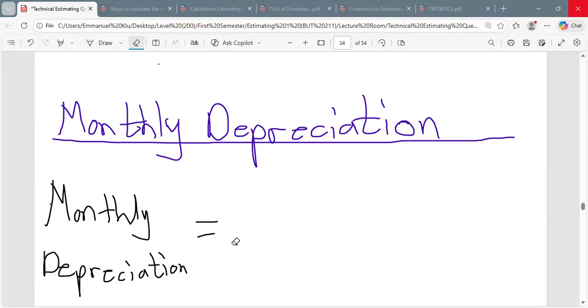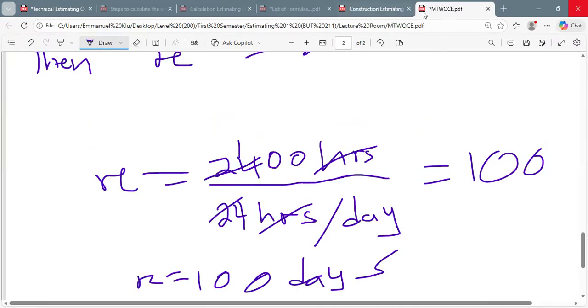You can also do that. If you don't like that, you can go by the effective working lifetime and the daily depreciation.